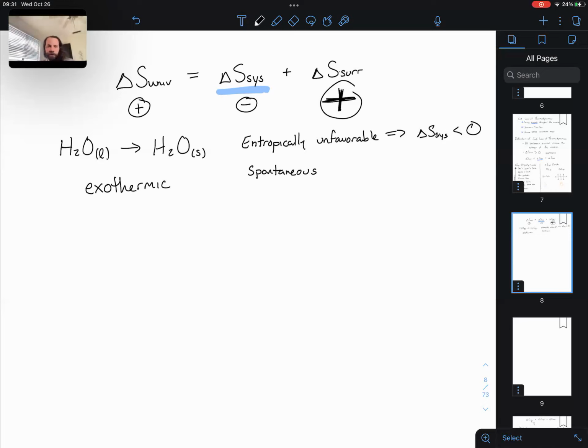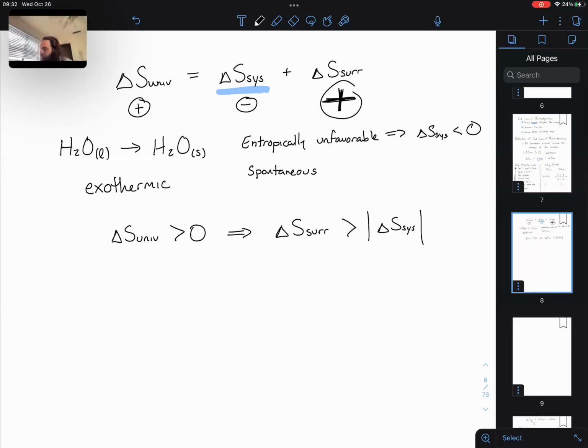So in order for delta S of the universe to be greater than 0, the delta S of the surroundings has to be larger than the delta S of the system, specifically the absolute value of it, because the system's is negative.